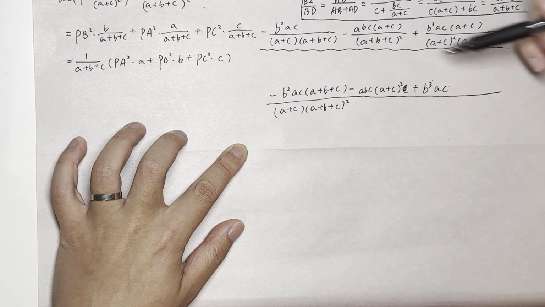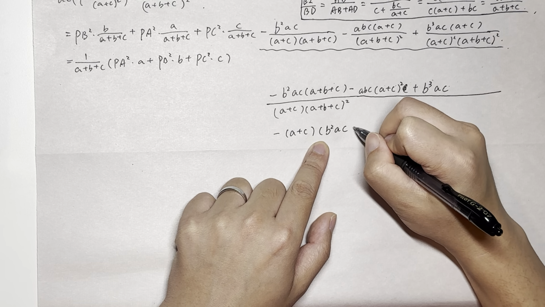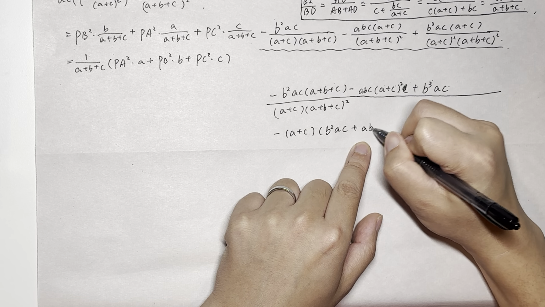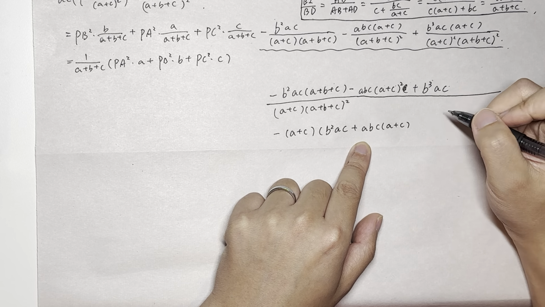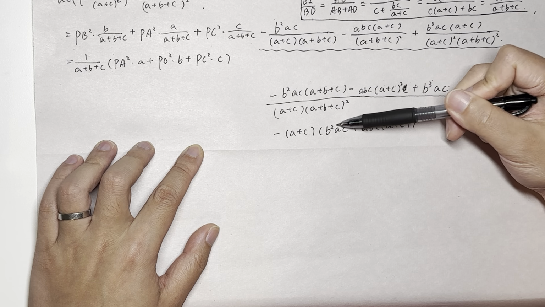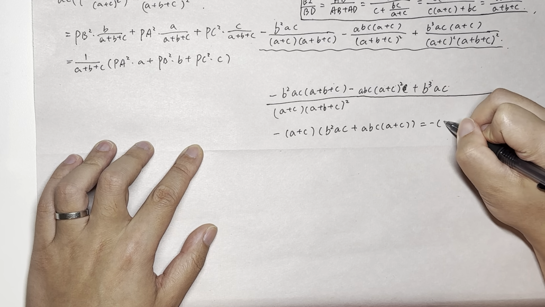And here we have another A plus C, which means this term becomes minus A plus C times B squared AC plus ABC times A plus C. So ABC times A plus C. This one is ABC times B, right? So it equals 2 minus A plus C times ABC times A plus B plus C.